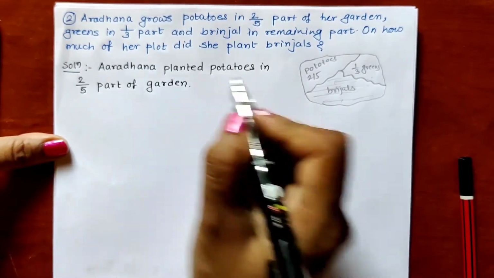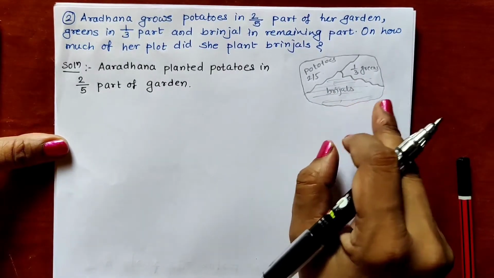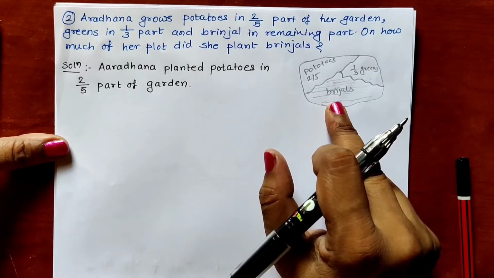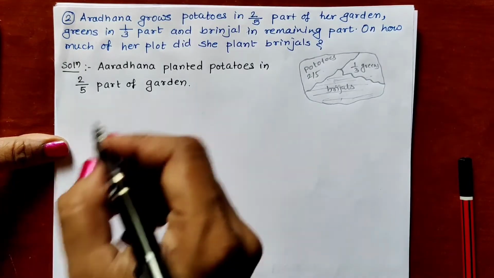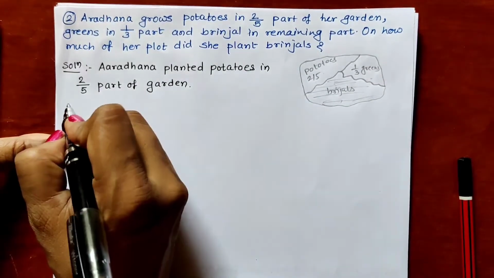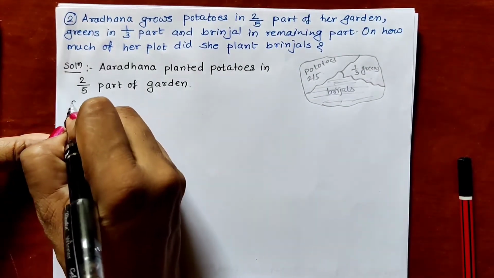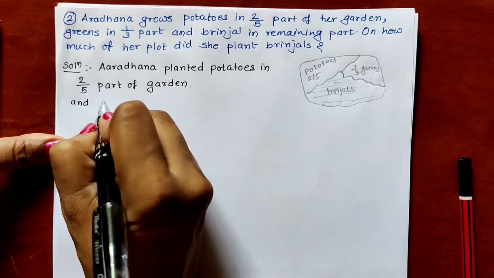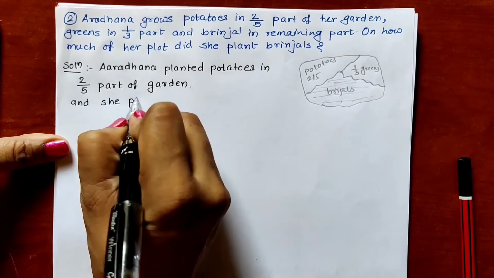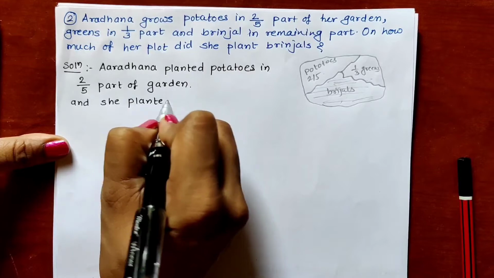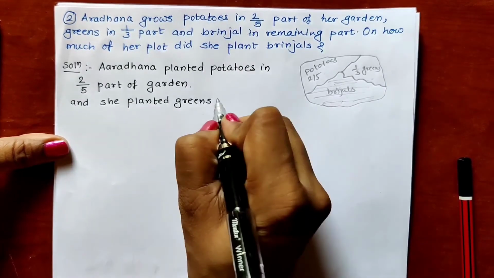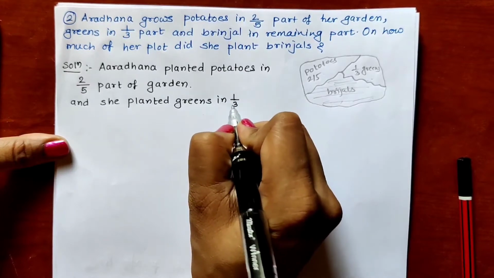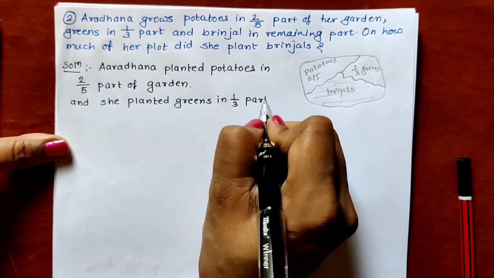See children, you all don't require to draw this diagram. This I have drawn only to explain this question. Okay. And she planted greens in 1/3 part of garden.